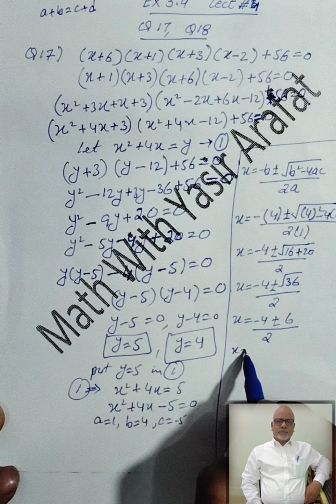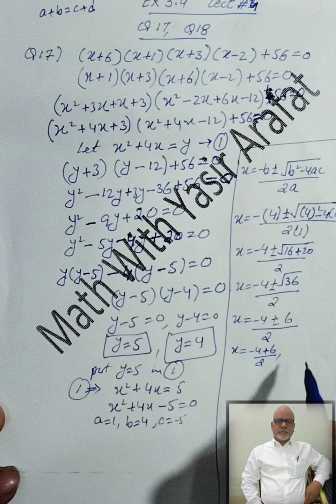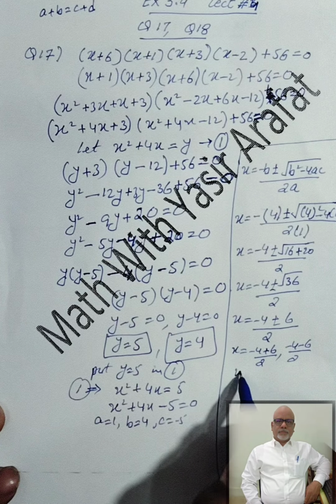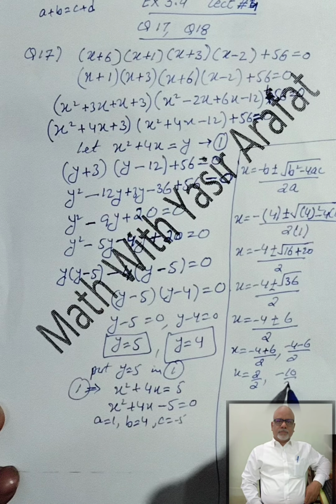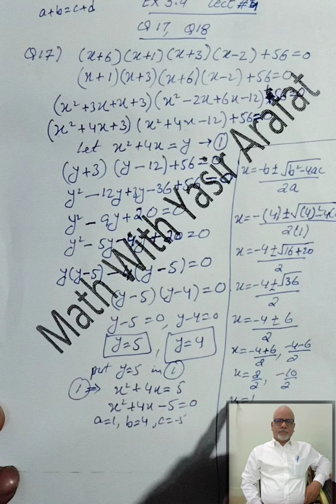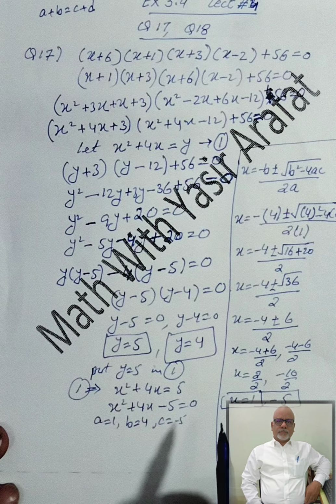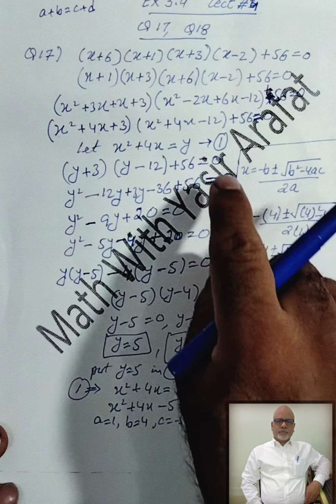So we have to separate, one time plus and one time minus. So this is 2 upon 2 and this is minus 10 upon 2. So x is 1 and x is minus 5. Now we have to put the other value, y equal to 4, in equation number 1 again.